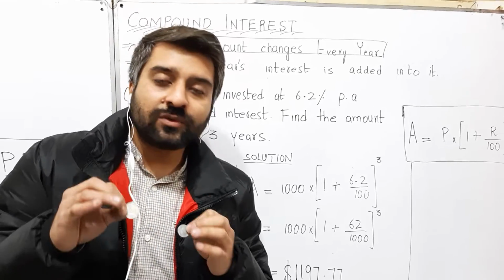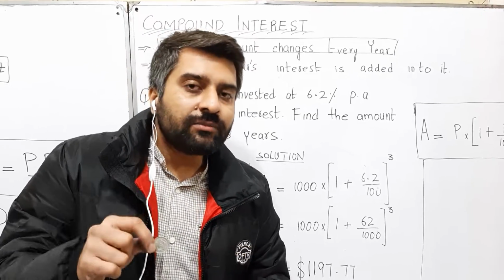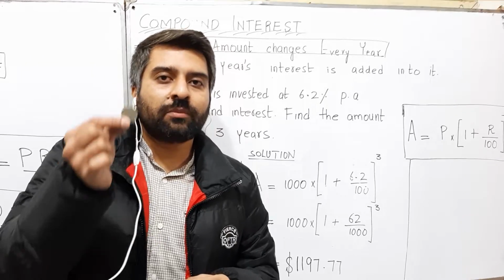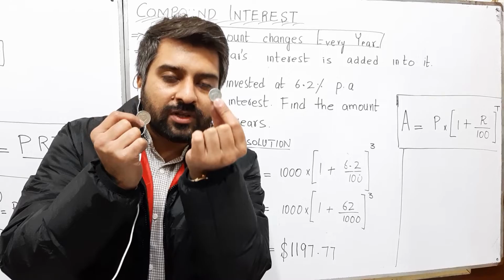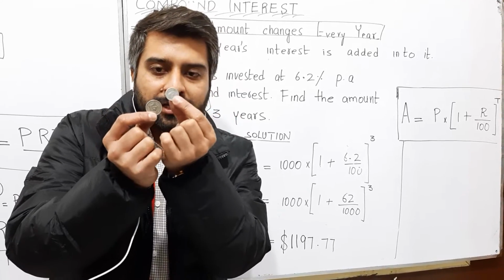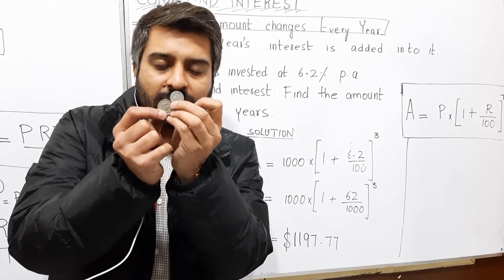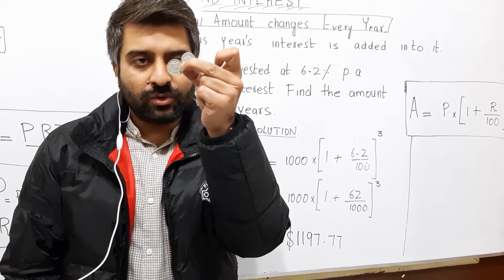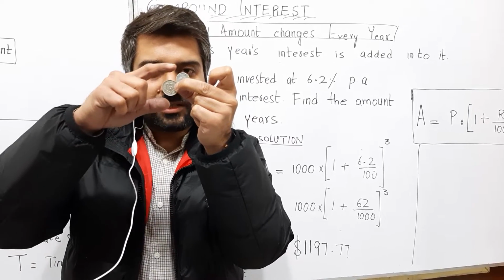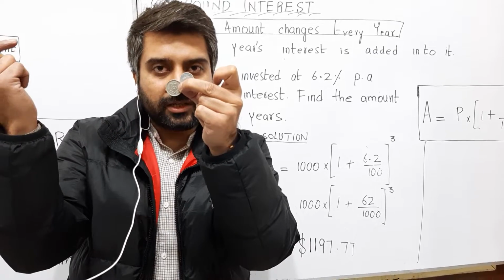Now at the end of the second year, I will be computing my interest on the principal amount, and the interest of the previous year will be added to the principal amount. So I will compute my interest on this amount, principal amount plus interest of the previous year.